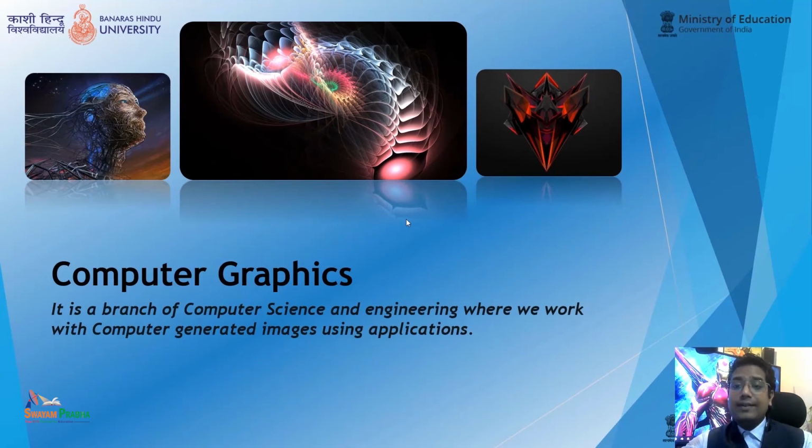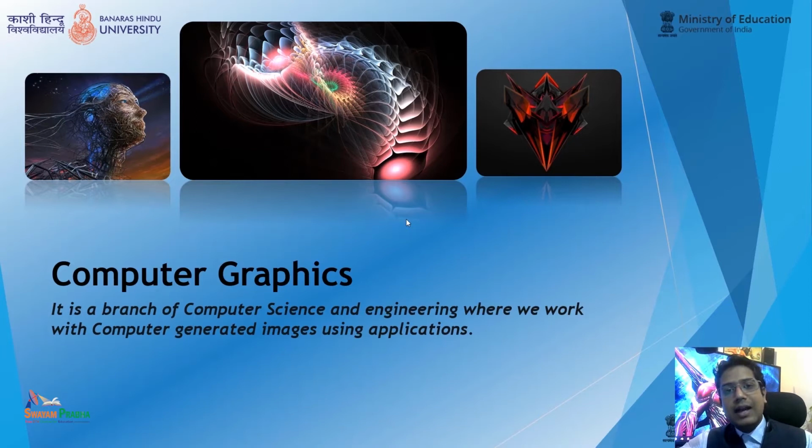Computer graphics is a branch of computer science and engineering where we work with computer generated images using applications. Whatever you are creating in image form with the help of software, either using the Paint application on your computer or Adobe Photoshop, you are making images.